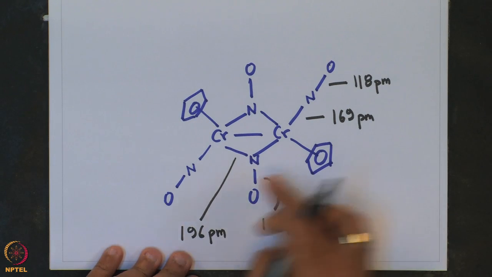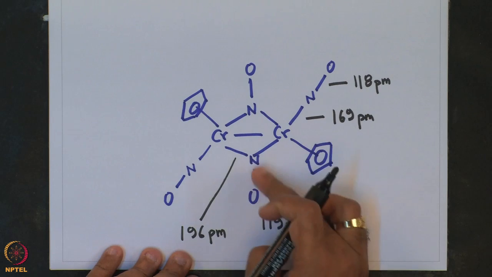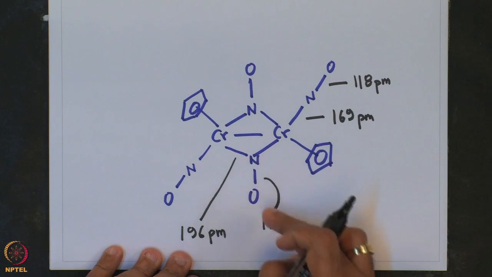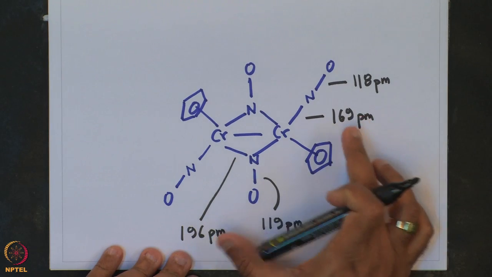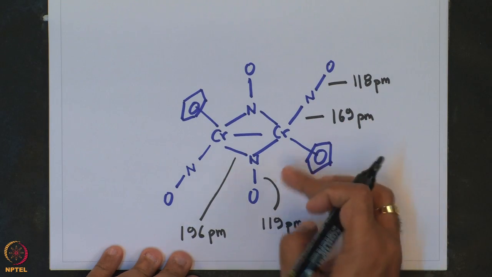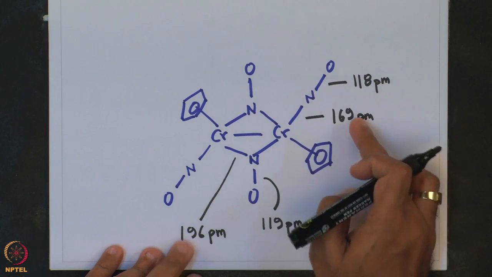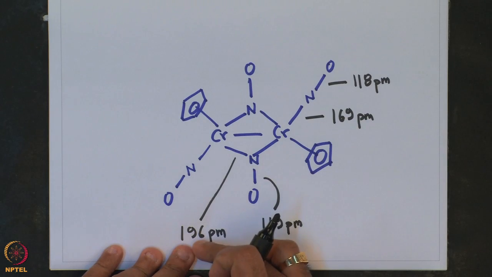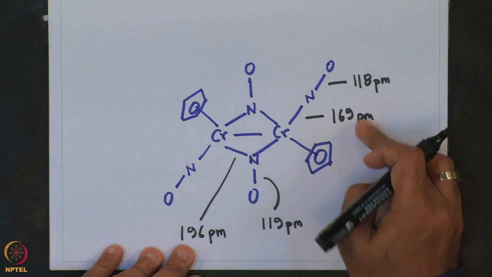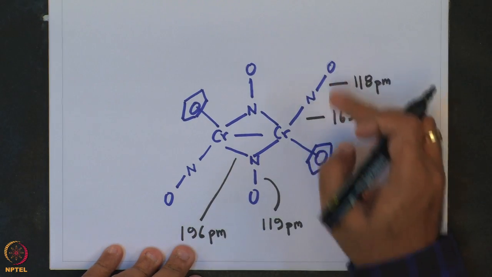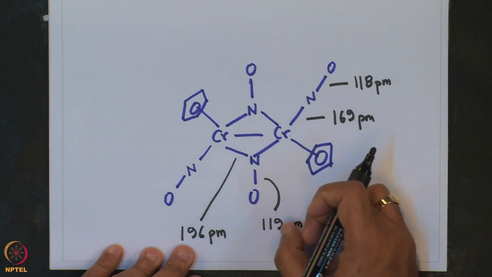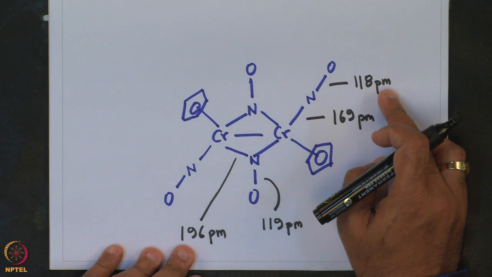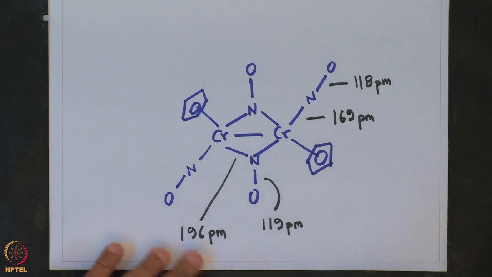So, one can see that the bridging chromium nitrogen bond is longer than the terminal chromium nitrogen bond, which is 196 versus 169, and NO remains almost the same with 119 picometer as opposed to 118 picometer.